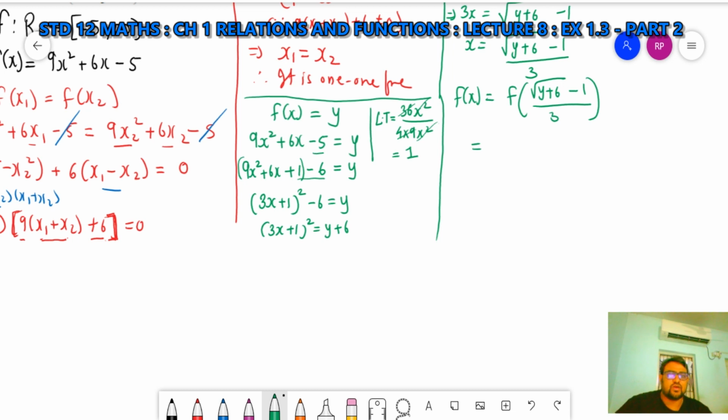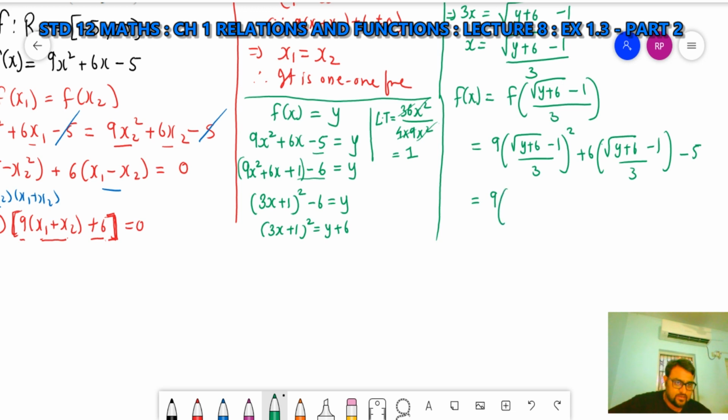It is 9x², so 9 into ((square root of (y + 6) - 1) / 3)² plus 6 into (square root of (y + 6) - 1) / 3, minus 5. Clear? So this will be equal to 9 into (y + 6 minus ...) whole square, and below it will be 9.